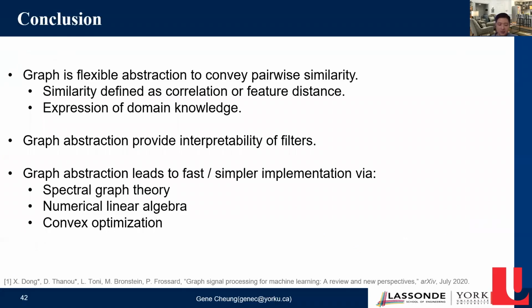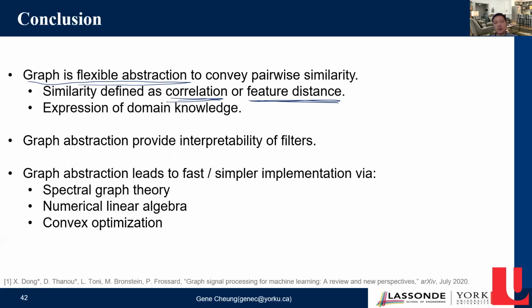So let me conclude. The driving observation here, and this motivates why I'm doing the tutorial, is that graph is a very flexible abstraction that describes pairwise similarity. You can estimate these pairwise similarities locally just by looking at two pixels, either through a notion of correlation, thinking about it statistically, or the similarity is defined with respect to a feature distance.